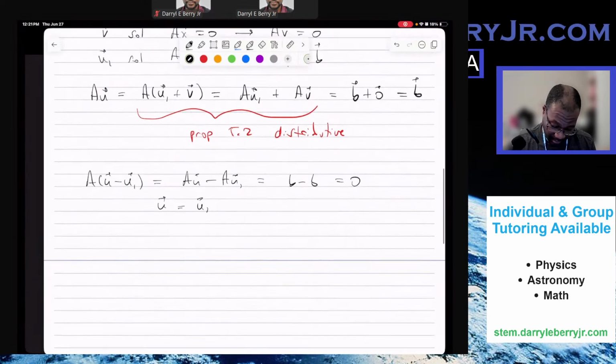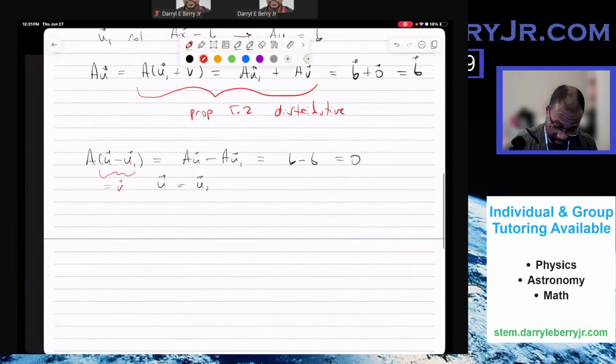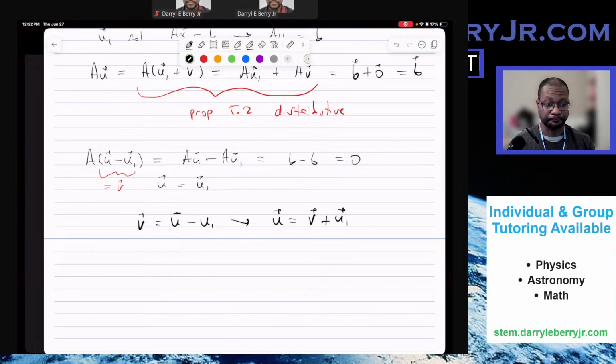It means that this must equal V since it gives the same answer as V. So V equals U minus U1. So U equals V plus U1. Right? That's that one. I'm trying to fit everything on one page.